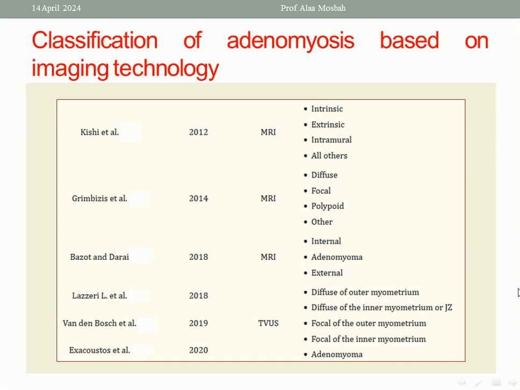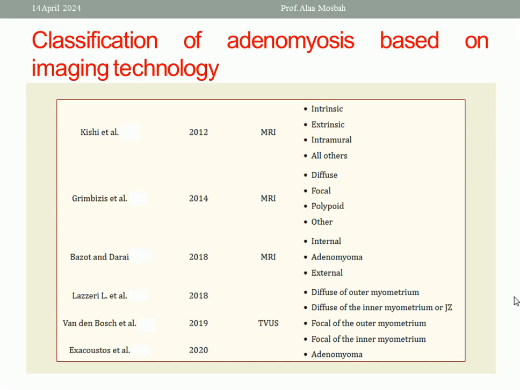This is a problem of adenomyosis. We have no one definite classification according to imaging technology, and we have no single classification accepted all over the world for histological classification according to the depth of invasion.